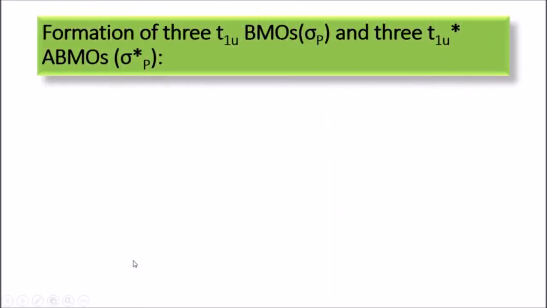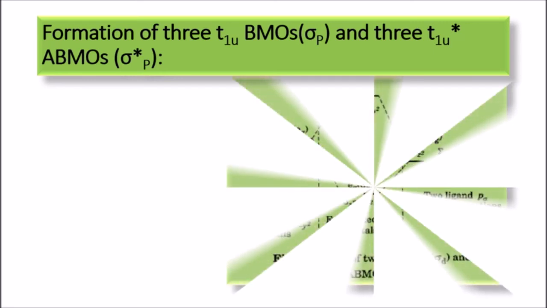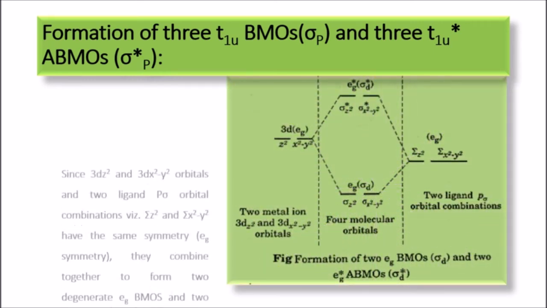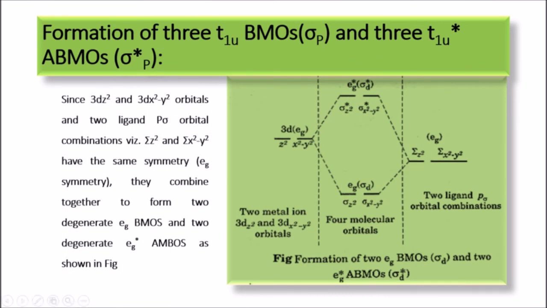Now formation of T1U molecular orbital, bonding molecular orbital, that is sigma p, and T1U star anti-bonding molecular orbital, that is sigma star p. So this is 3dz square and 3dx square minus y square, and that combination here also you can see that atomic orbital is little higher in energy comparing with the LGO of the same symmetry, and because the symmetry is similar, although there is a little energy gap, energy difference, they interact with each other, that is a positive interaction, and it result into BMO formation and ABMO formation.